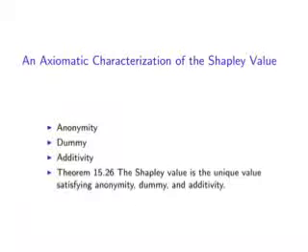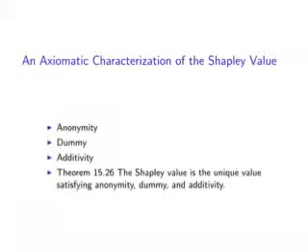An agent who does not add to the cost should not be charged anything. More precisely, if for every set S which is a subset of A minus the singleton i, C of S is equal to C of S union the singleton i, then phi i of C is equal to 0.